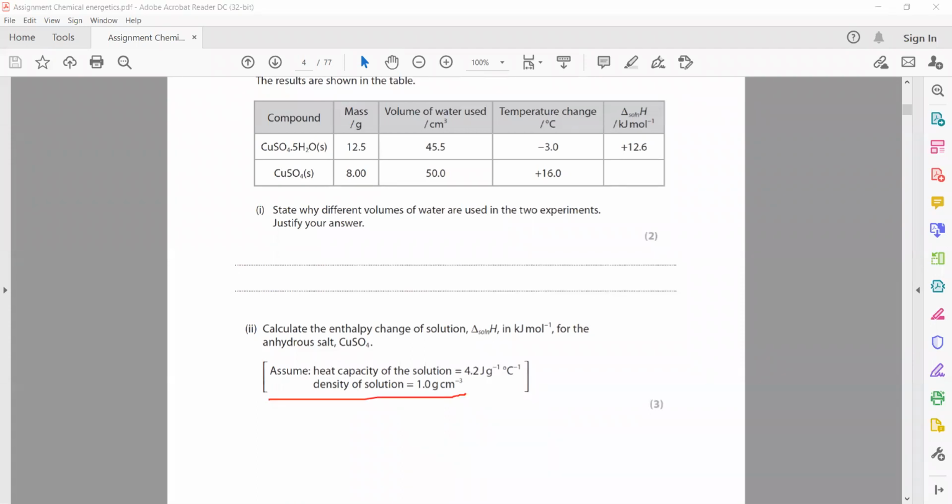The formula is E equals c m delta T. Specific heat is given as 4.2. But what about the mass? The mass of the solution is the same as the volume of the solution, and the volume used for anhydrous is 50. That's why the mass is 50.